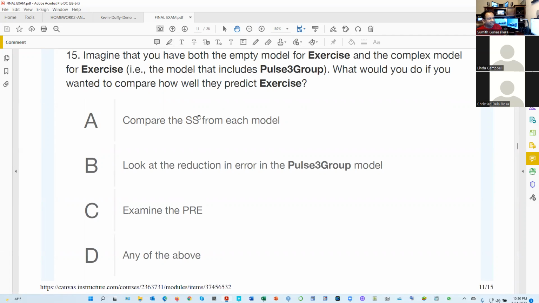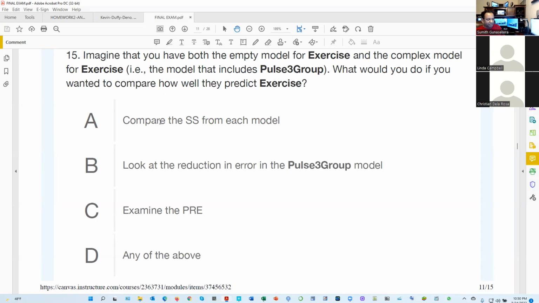You can compare SSR from both models and see which model is going to explain more. The better model would have more explanation, that means a higher number. If SSR has a higher value in one model, that would be the best model compared to the other. If SS error is less in one model compared to the other, that would be the best model.